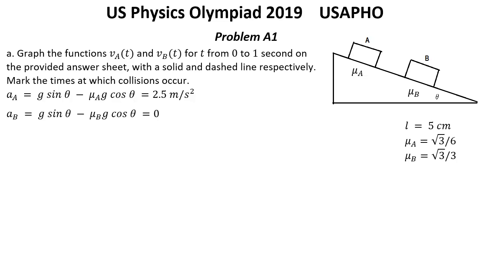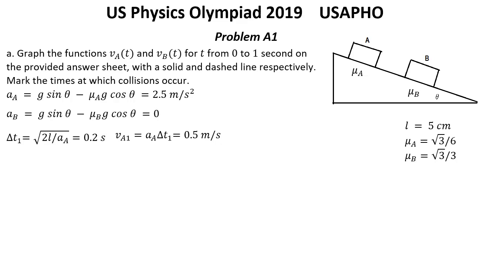Quantitatively, the first collision happens when we have Δt1 equal square root of 2L over acceleration A, which is 0.2 seconds. At that moment, velocity of block A is acceleration multiplied by Δt1, which is 0.5 meters per second.